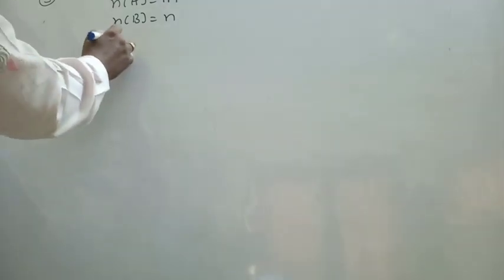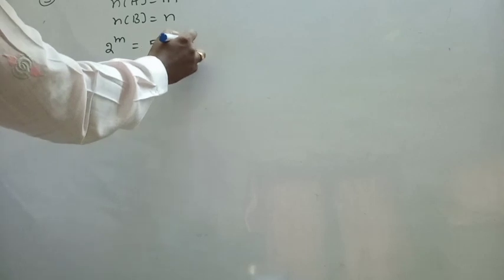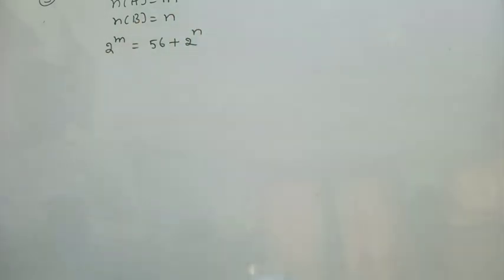Then the total number of subsets of the first set is 56 more than the total number of subsets of the second set. That means 2 power m, the total number of subsets of the first set, is equal to 56 more than the total number of subsets of the second set. So 2 power m is equal to 56 plus 2 power n.